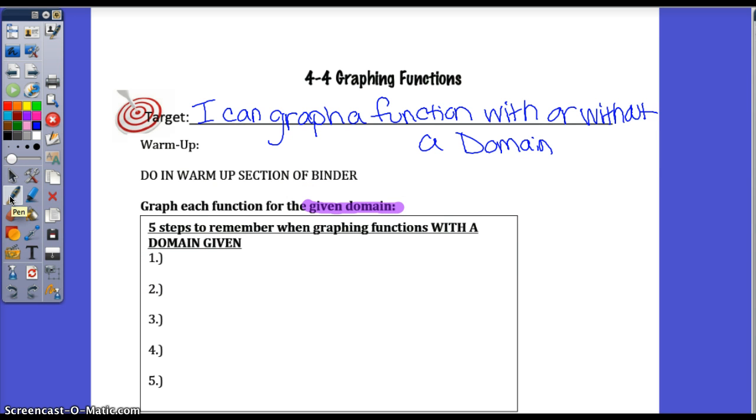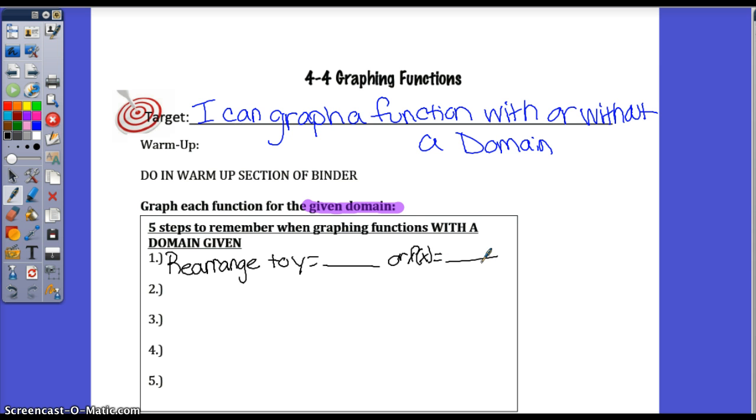There's 5 little steps. The first one that you always want to do is rearrange your equation to y equals something, or f of x equals something. Always rearrange it.